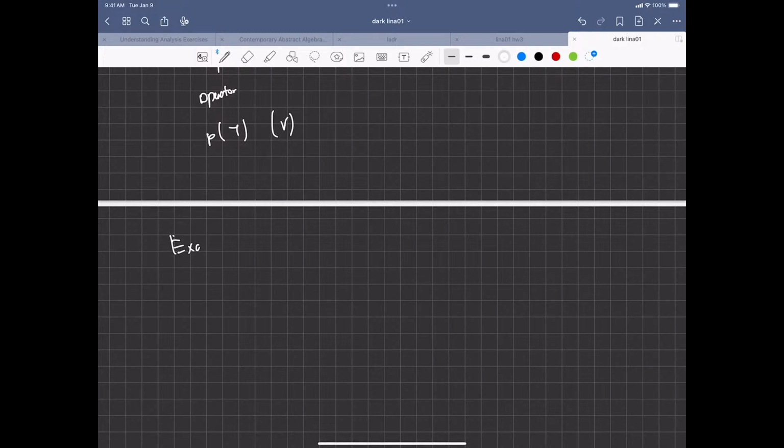This is example 5.15 on page 138. Let D be the differentiation operator.